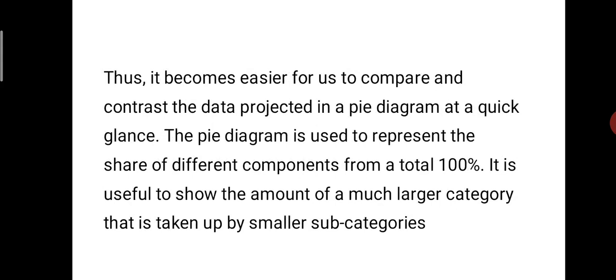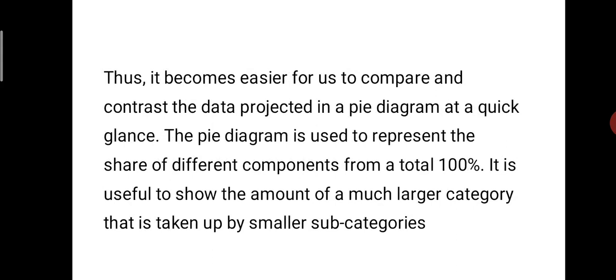The pie diagram is used to represent the share of different components from a total of 100%. It is useful to show the amount of a much larger category that is taken up by smaller subcategories. So, it is important for your information transfer, and for how you are going to draw a pie diagram about any information in percentage.